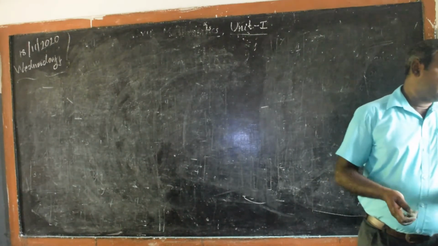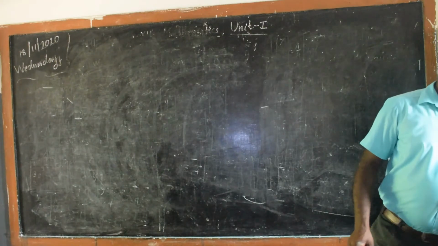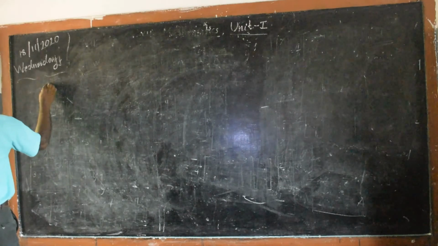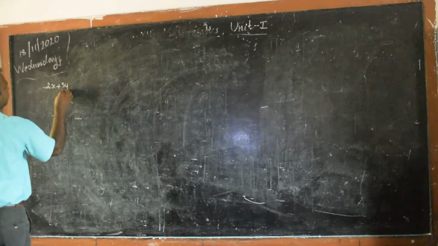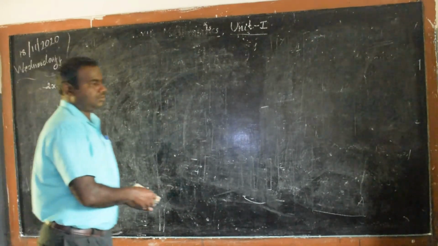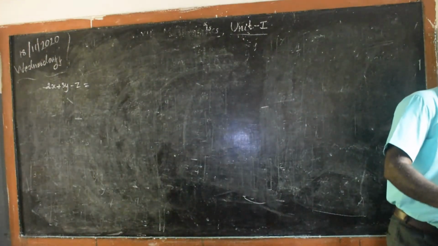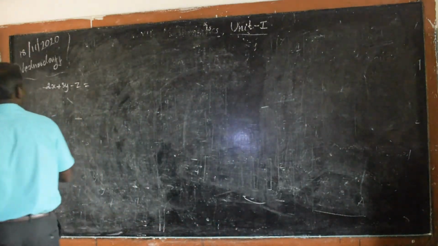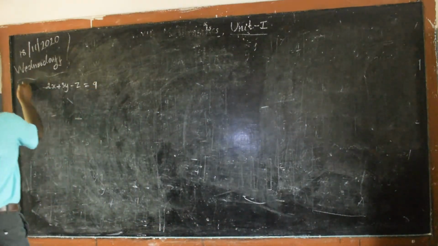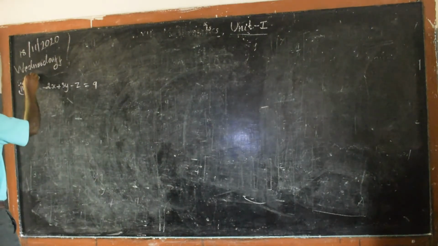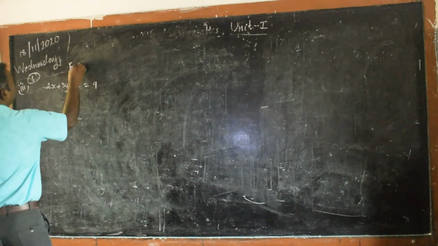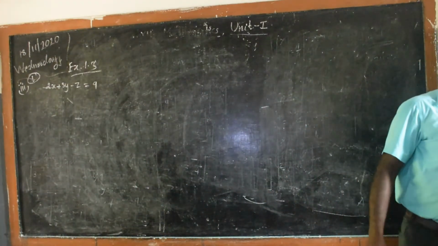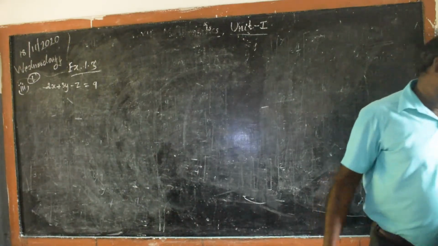Second sum. 2x plus 3y minus z equal to 9.